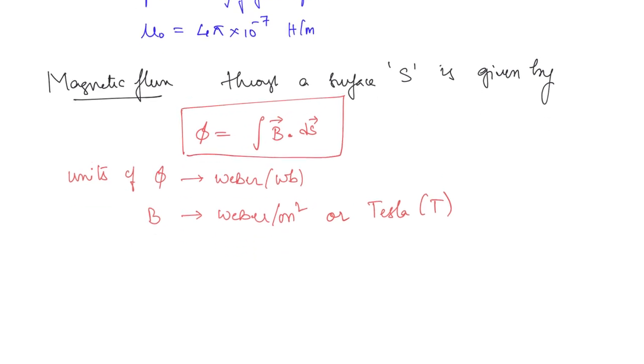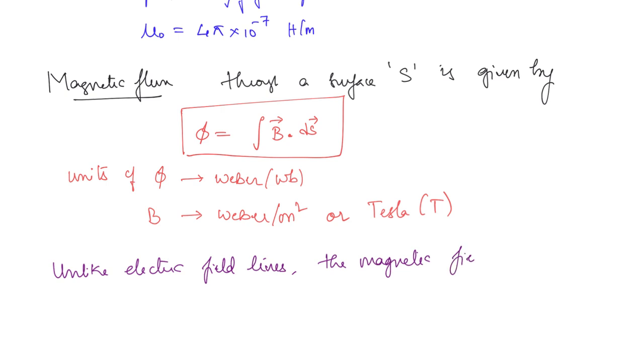So unlike electric field lines, the magnetic field lines start and end at the same point. Now what is the result of this? What is happening if they start and end at the same point?